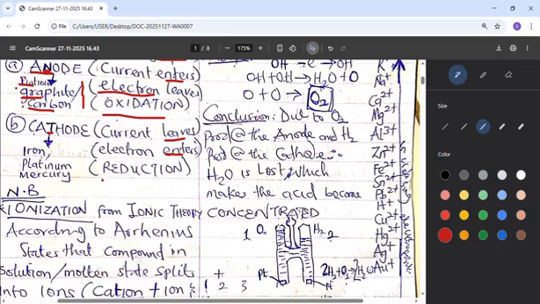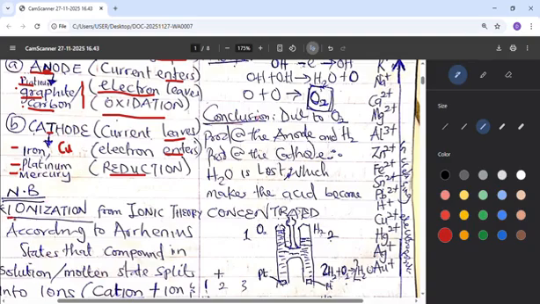And that's why we call that reduction, because the gain of electron is actually reduction. Some substances that can be used for cathode include mercury, platinum, iron, copper, etc. So there are a lot of things we can use once they can conduct electricity, so they can use them as a cathode for current to pass.